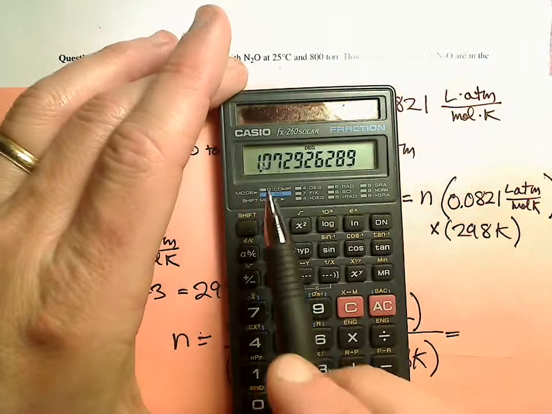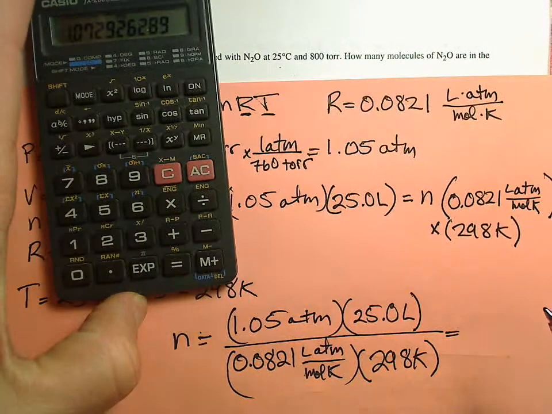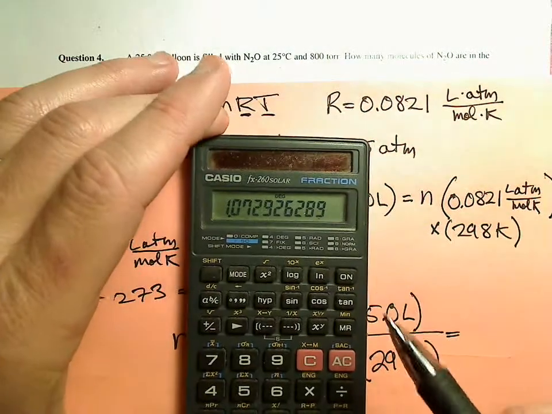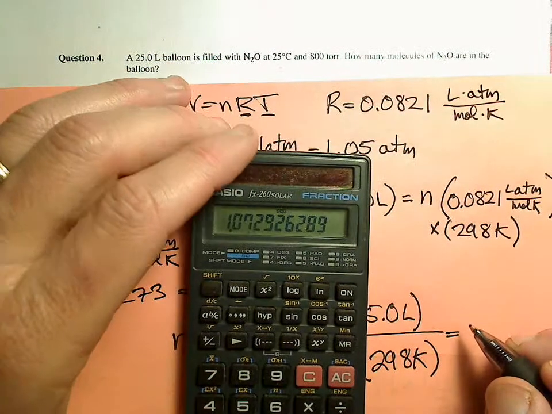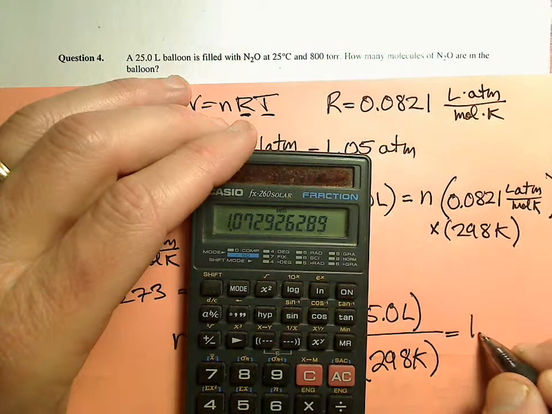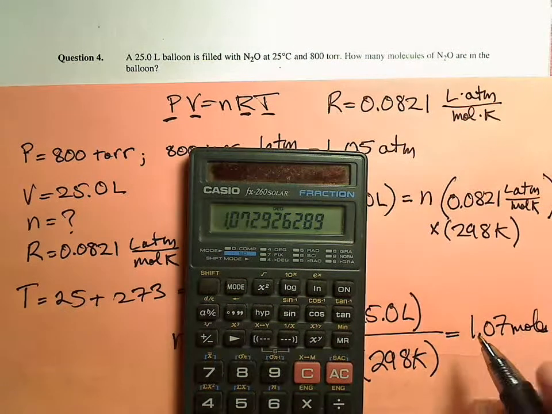So what is that? 1.073 moles. So good to, it looks like, three significant figures, 1.07 moles of what gas is this? N2O.